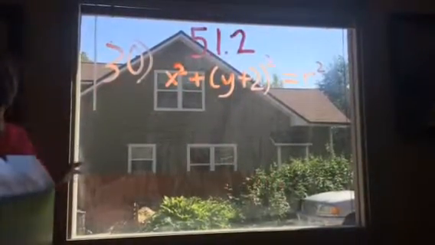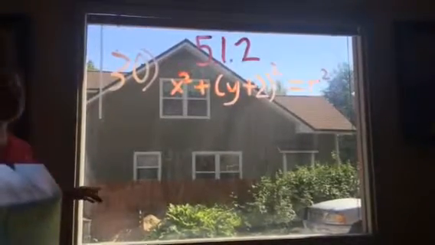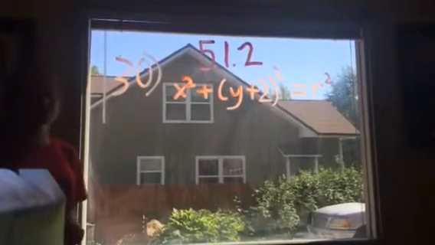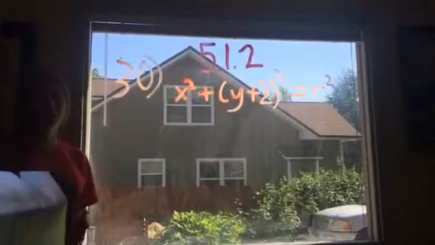So for question 530, it says a circle has the equation x squared plus y plus 2 squared equals r squared. If the circle is shifted 2 units to the left, 5 units up, and the radius is doubled, what will its new equation be?